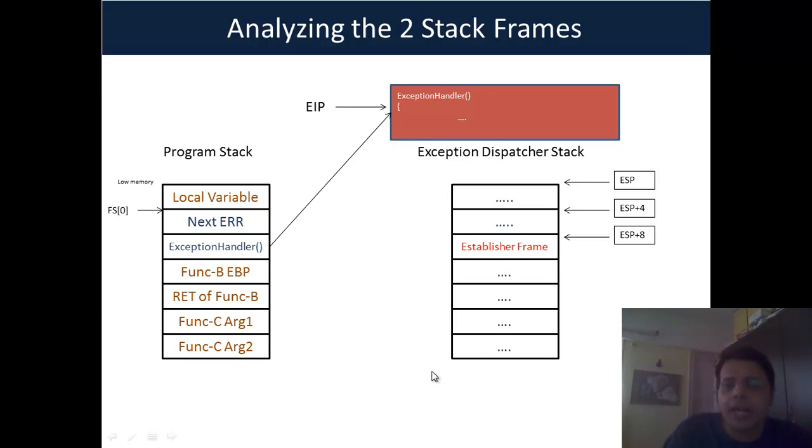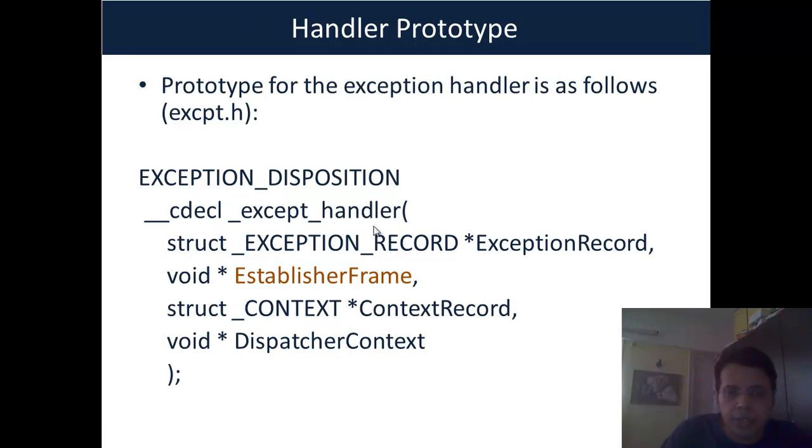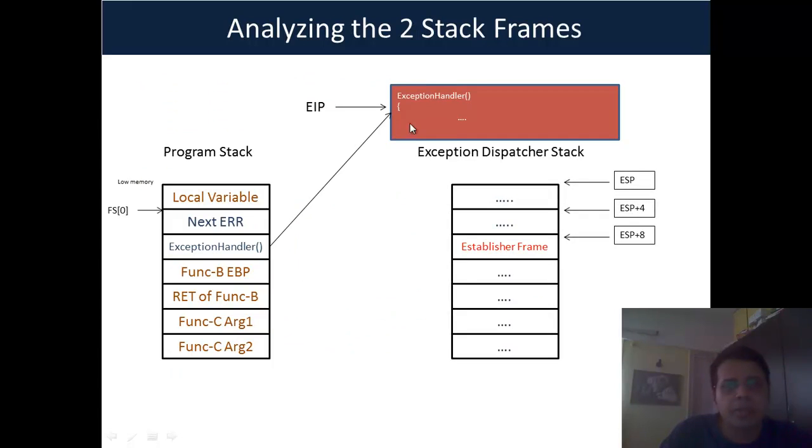So what happens here is something very interesting. In the previous slide, we talked about the establisher frame. Interestingly, the establisher frame pointer is actually stored on the dispatcher stack. Currently, here is what is happening. We have an exception because of which our whole list of exception dispatchers has run.